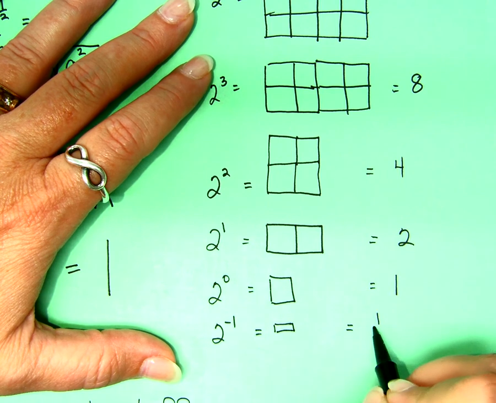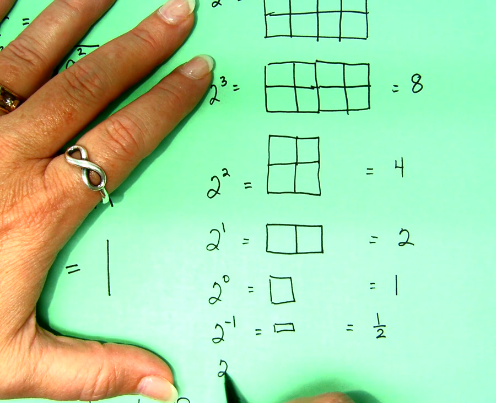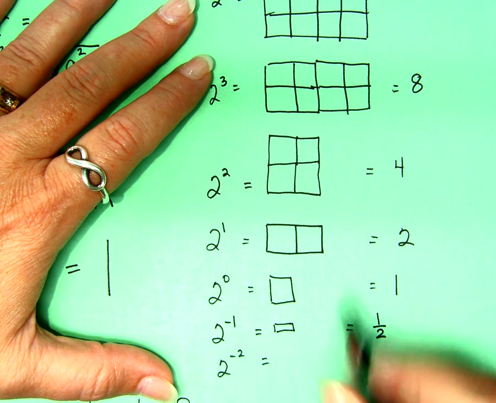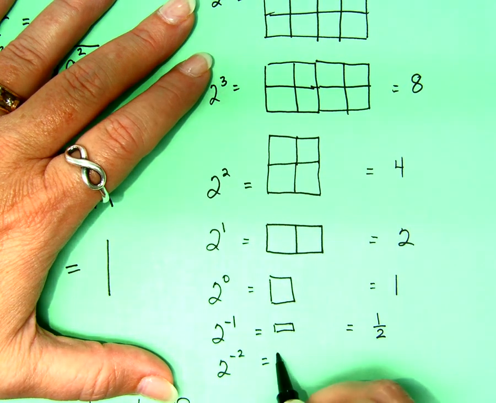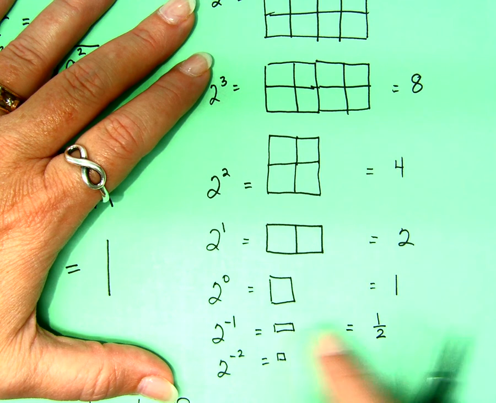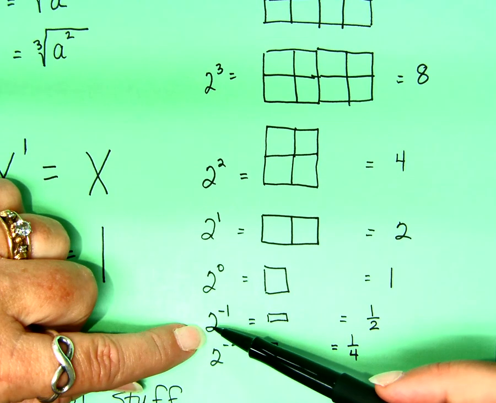So this is 1/2, isn't it? What about 2 to the negative 2? Square, rectangle, square, rectangle, square, rectangle, square that is half as big as the previous one. But if we think about our negative exponent rules, this 2 is unhappy and it's in the numerator. Where does it want to be? In the denominator.